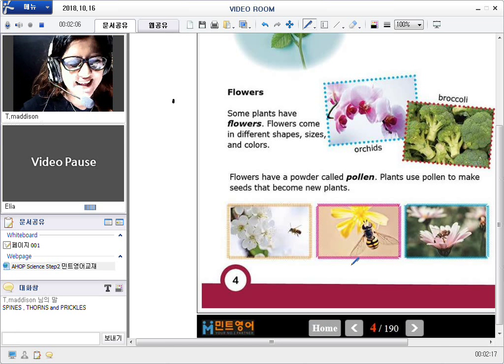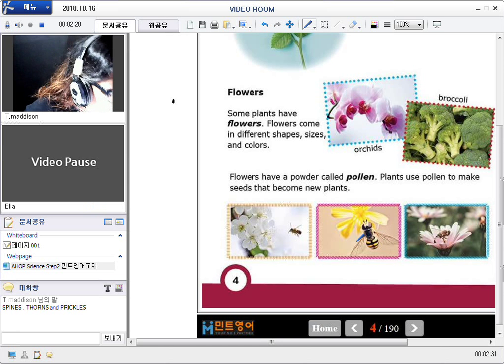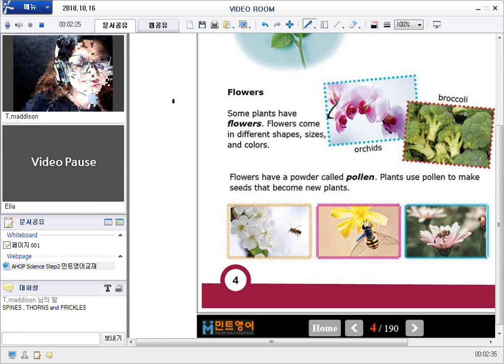As far as I know, bees or other animals make pollen spread away, and the wind is also possible to spread pollen.